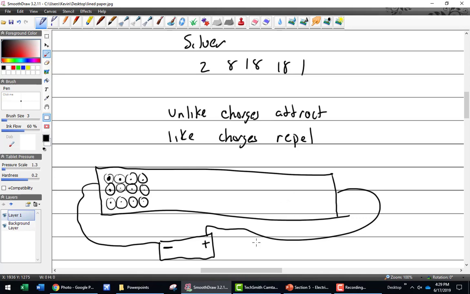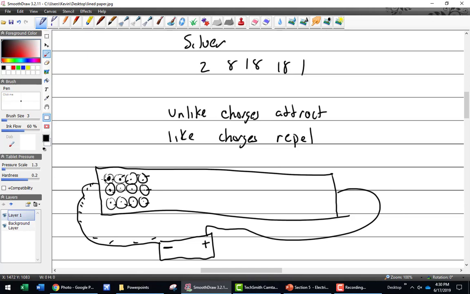So unlike charges attract and like charges repel. I've got the negative side here, and what was the electron again? Negative. All right, I'll put a little negative sign for all my electrons. Hooked up to a battery, now I've got negative electrons flowing around, and they come to here. What's it going to do to this electron? Is it going to attract it or repel it? Everybody says repel.